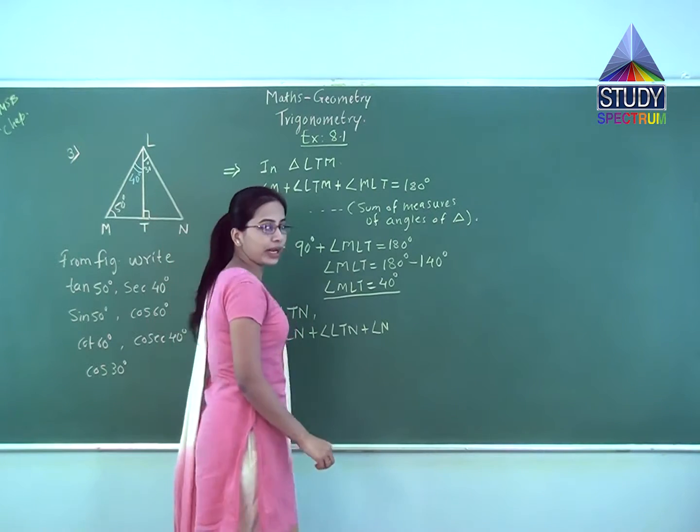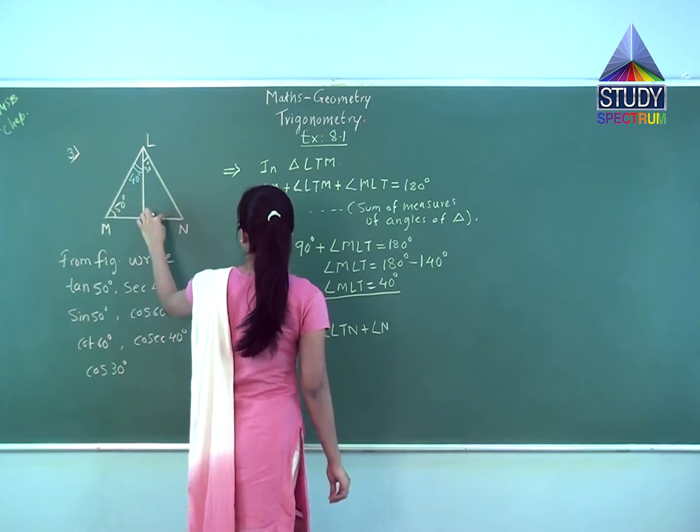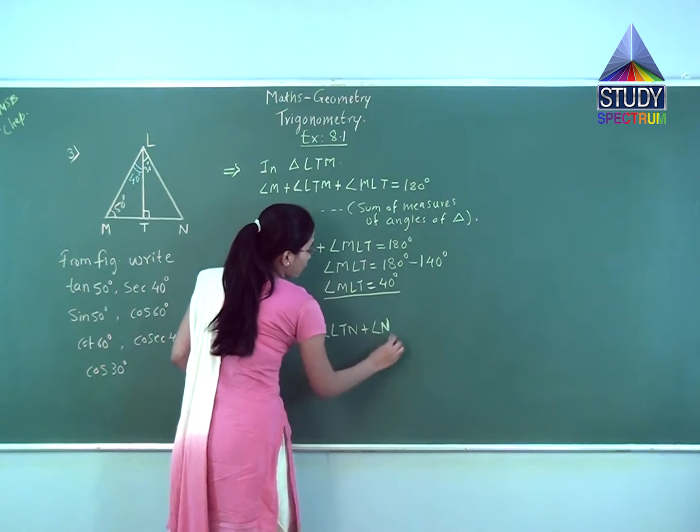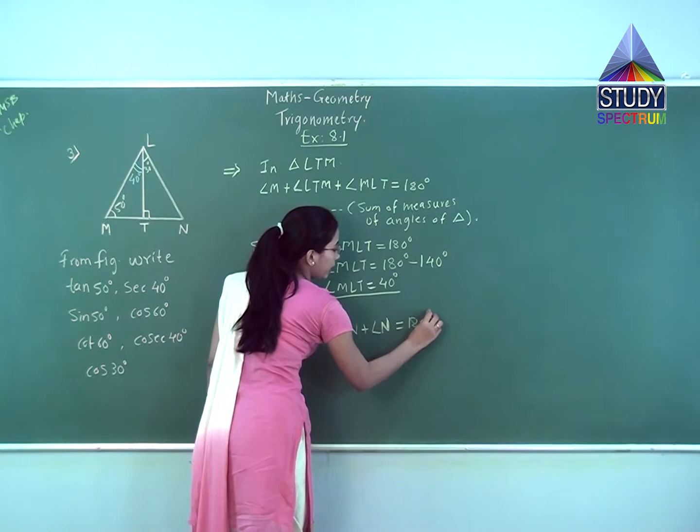But actually if we write angle N only, there will be no confusion because only one angle is there. So this is also 180 degrees.